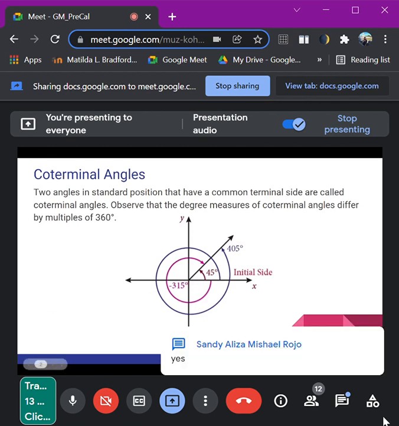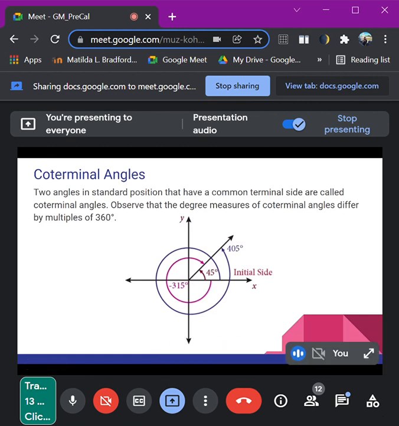Okay, yes, very good. So meaning to say, our 45 is in standard position. Now, class, this 45 has its initial side on the positive x-axis, while its terminal side is here.